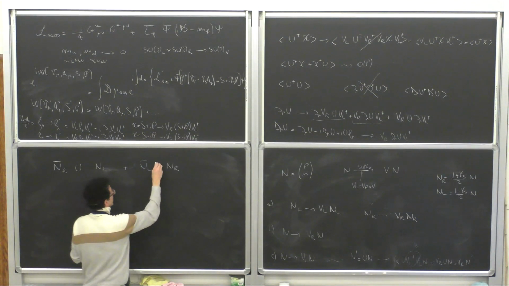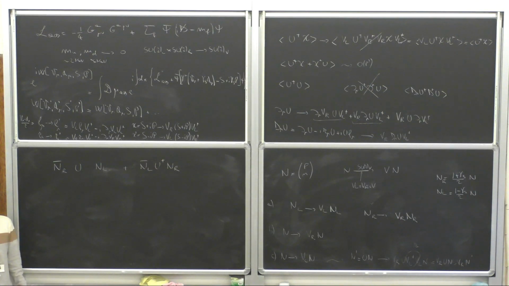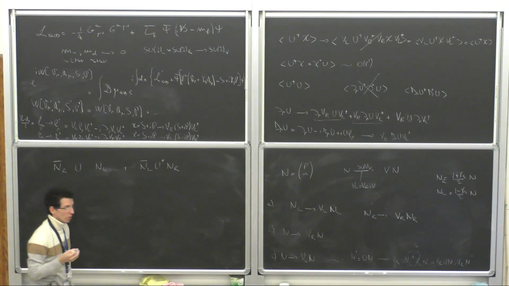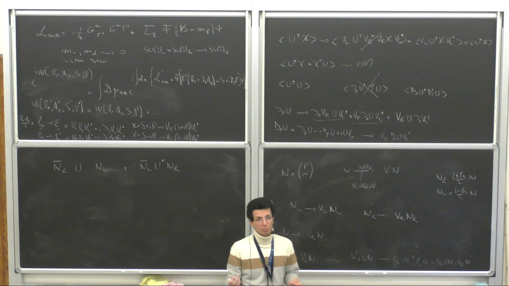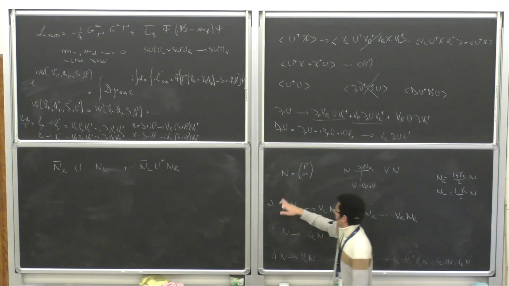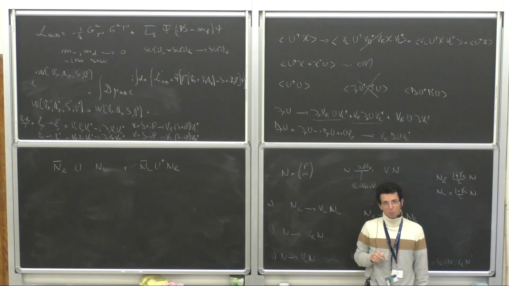And if I insert here U dagger, then this is also an invariant. So this can enter in the effective Lagrangian of nucleons and pions, describing the interaction of pions and nucleons, provided I choose option A for the transformation of the nucleon field.